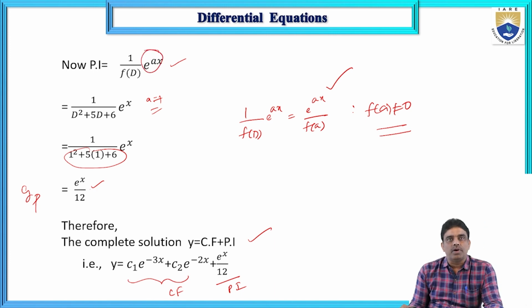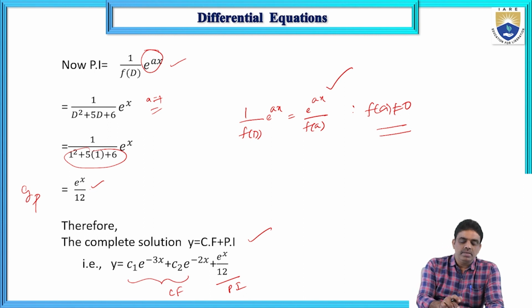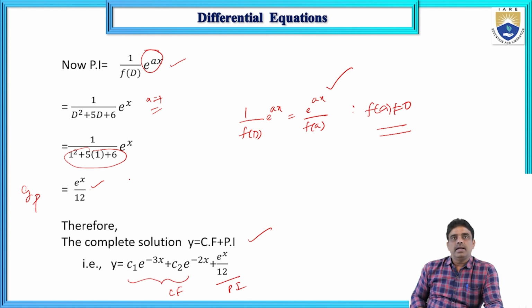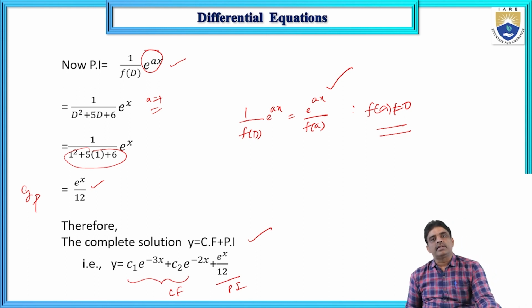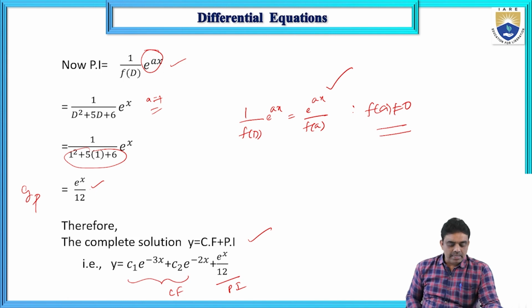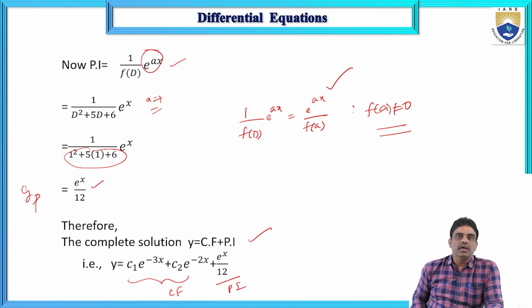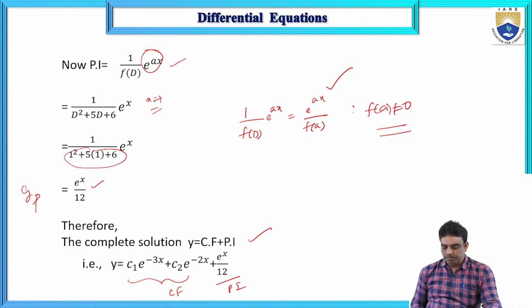In type 1, the function is e power ax. With the methodology we have followed here, we easily get the particular integral, and the complete solution is y equal to complementary function plus particular integral.